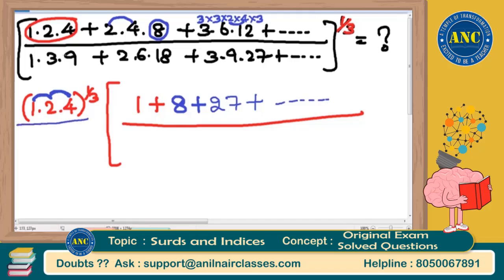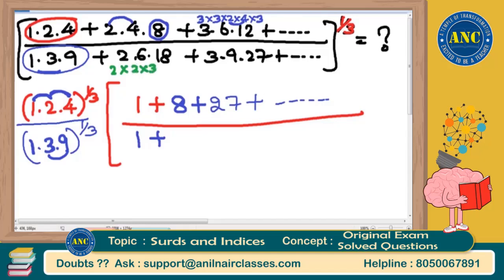Similarly, in the denominator, if I take the first term as common factor, 1 into 3 into 9 whole power 1 by 3, use the same application. 1 into 3 into 9 is taken outside, so the first term becomes 1. 1 into 3 into 9 is 27. 27 is taken outside, so this is 2 into 3, this is 9 into 2. 9 into 3, 27 is taken outside.